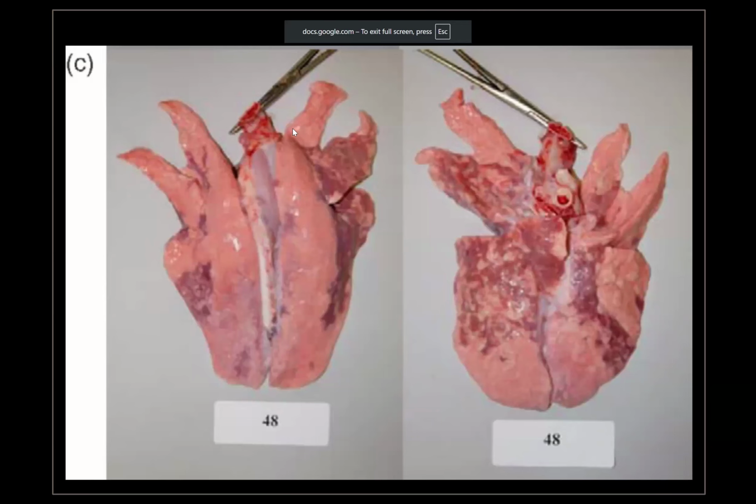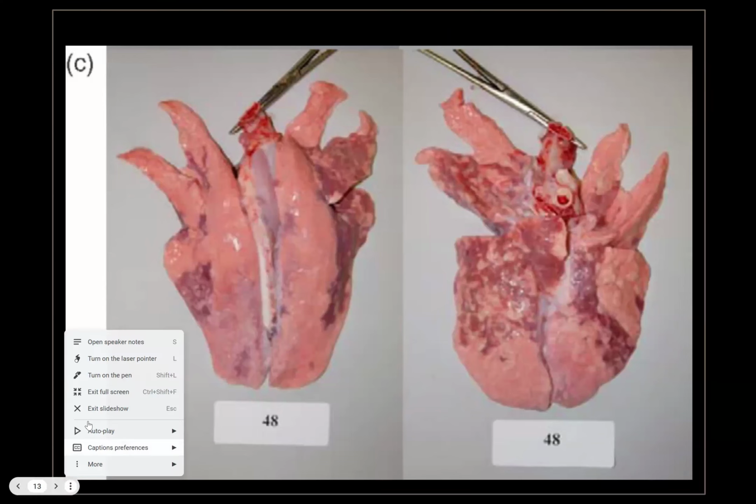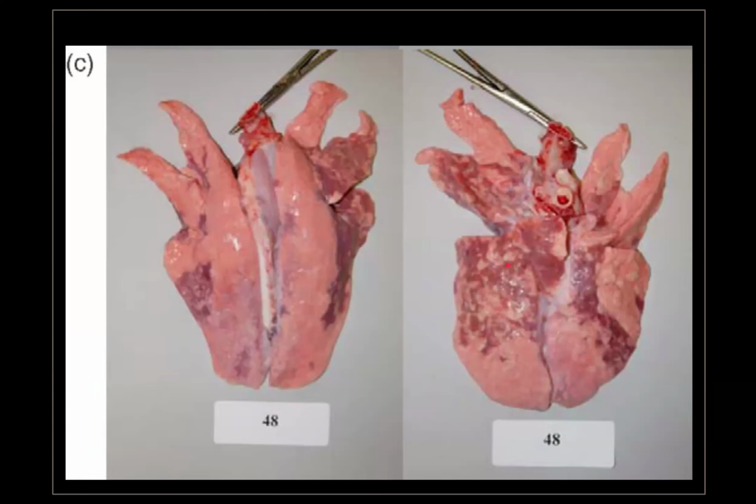So on the left, this is infected only with the porcine coronavirus, and then on the right, co-infected with Bordetella bronchiceptica. And here we see more severe lesions, right?